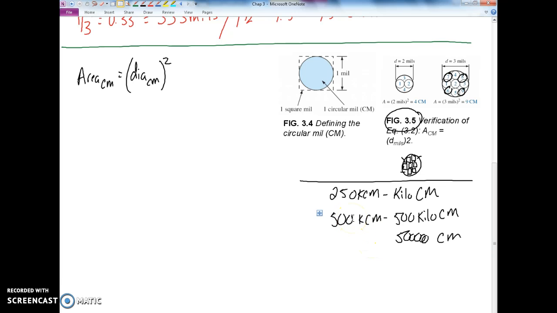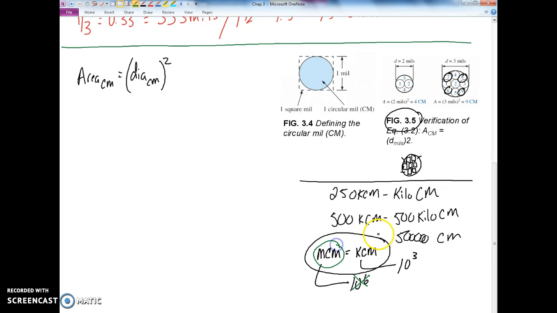Another very curious thing that comes up with this is, as I took these classes, we used to call kcm MCM. You're going to have to get over this confusion, because they are equivalent, even though to you this means 10 to the 6th, and this means 10 to the 3rd. Kilo means 10 to the 3rd. You just got to forget that the M there, when it's next to MCM, really means 1,000 or 10 cubed.